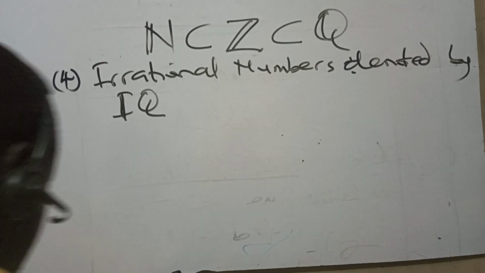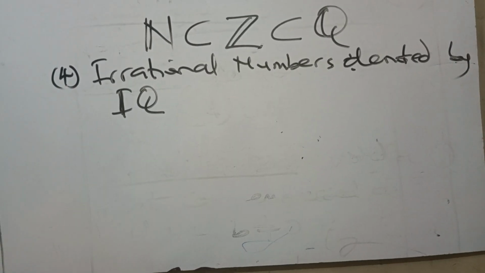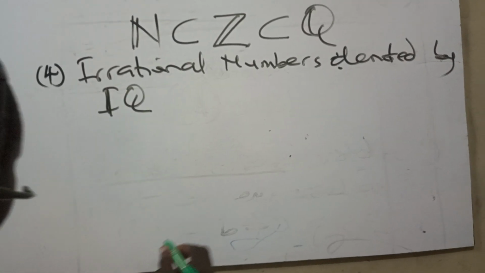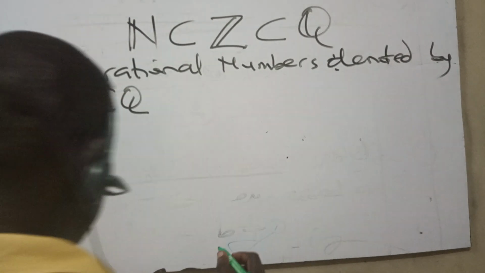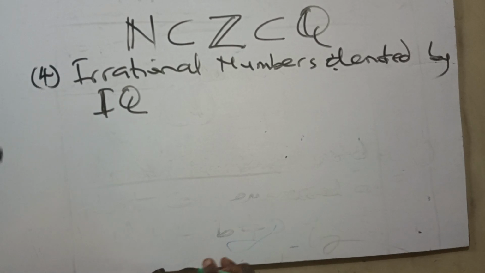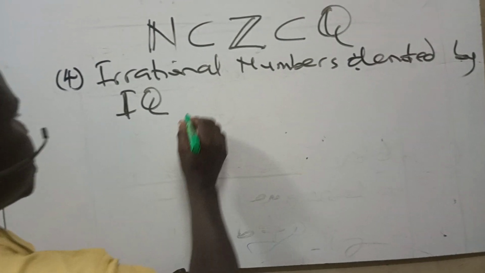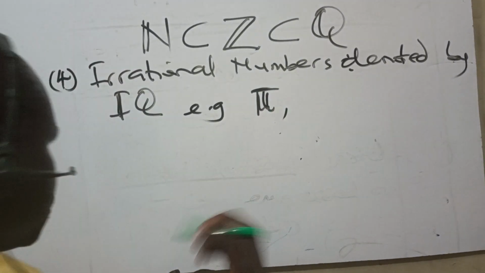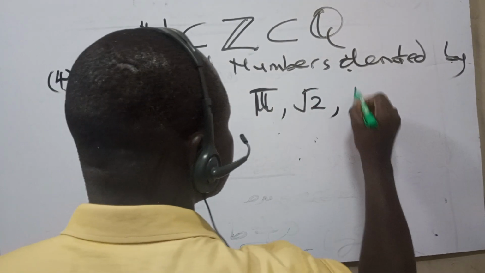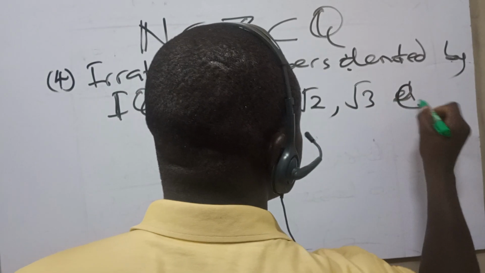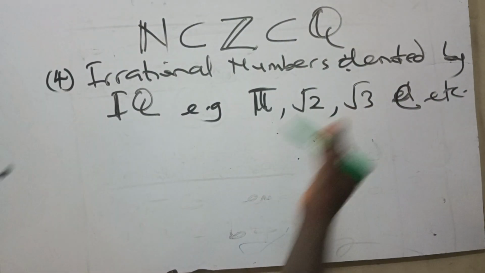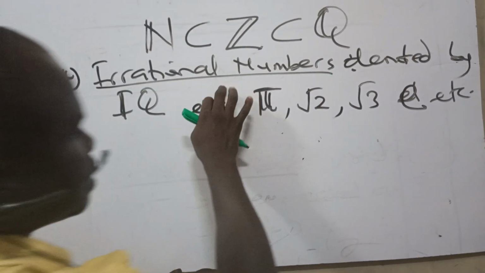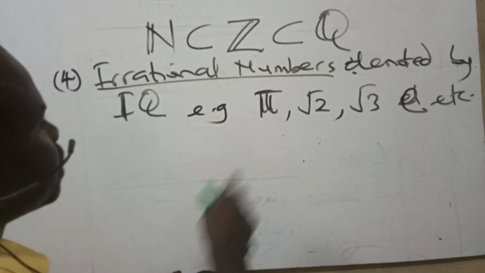Irrational numbers are numbers which cannot be expressed as a fraction and have a decimal form consisting of an infinite string of numerals that does not display a repeating pattern. For example, pi, root 2, square root of 3, and the exponential e. These are examples of irrational numbers. Though this set of numbers is not well pronounced in mathematics, they are part of the set of numbers.